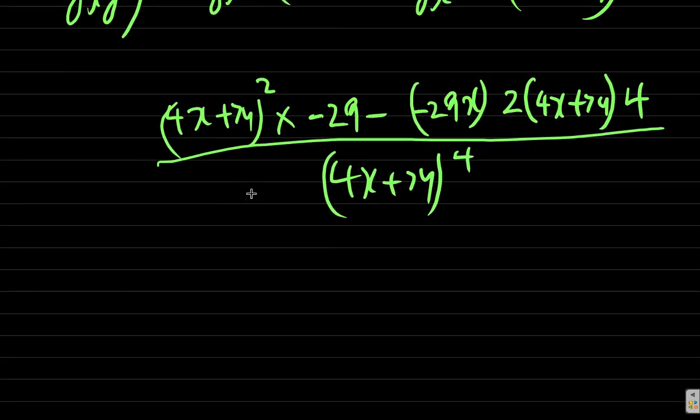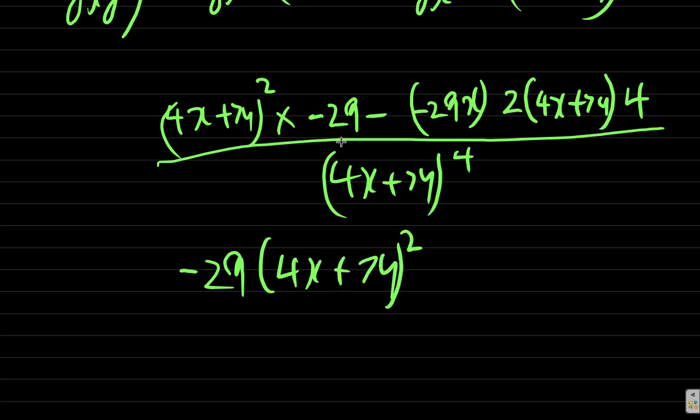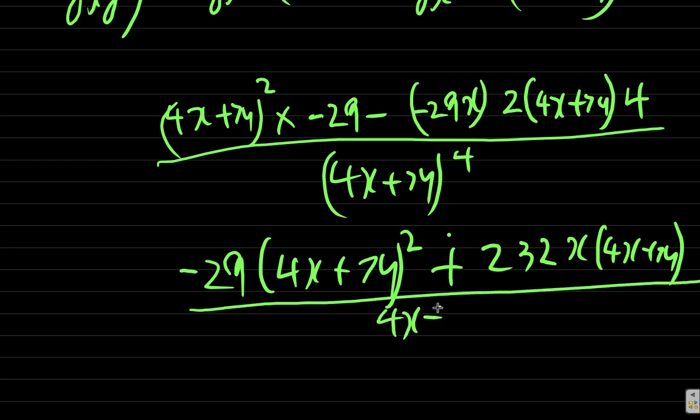So what you have here is negative 29 by 4x plus 7y squared. Minus negative, so that's plus 2 by 4 by 29. 2 times 4 times 29 is 232. 232x times 4x plus 7y divided by 4x plus 7y to the fourth.